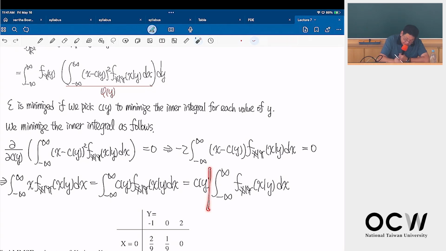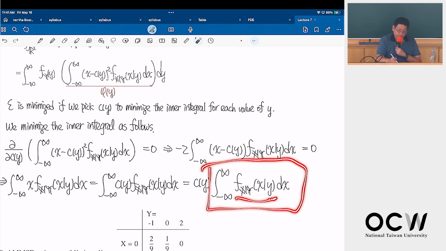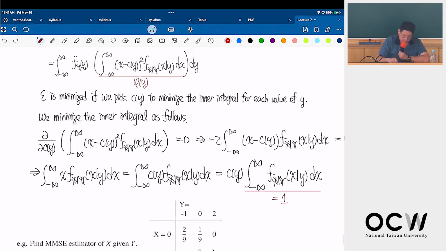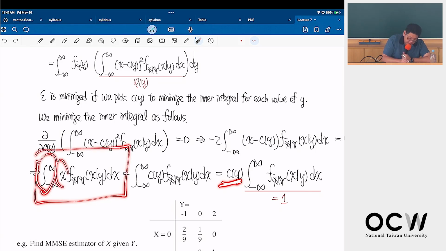First, what is this integration? With any kind of PDF, if you integrate over all outcomes, this integration is 1. So we found our function. This one considers all possible outcomes times their corresponding weightings.